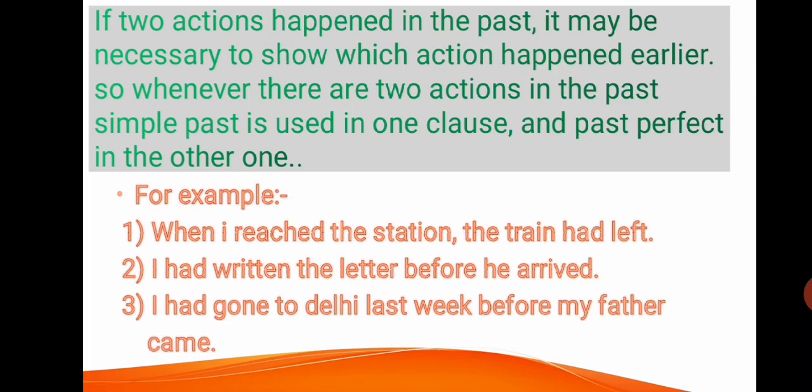So, for the preceding action, we have used simple past and it was completely finished before the next action, and for the succeeding action we have used past perfect. So, you can see I have used had and second form of verb here as we use in simple past.